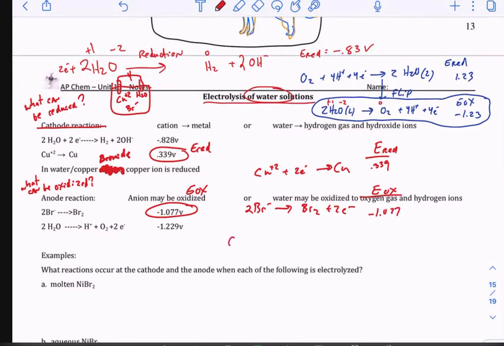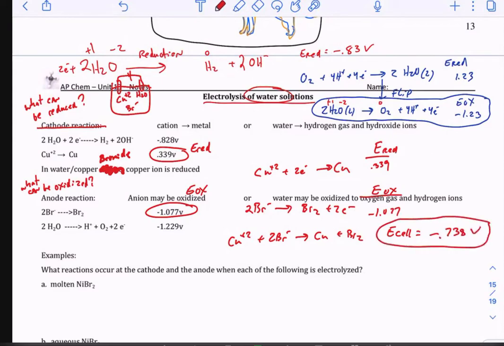So overall, we have an overall cell potential of negative 0.738 volts. What does that negative sign tell you?